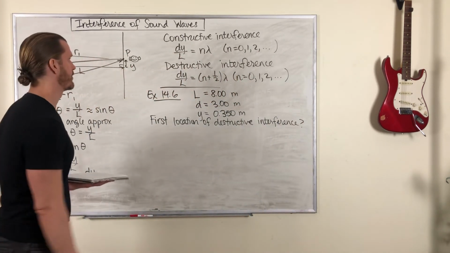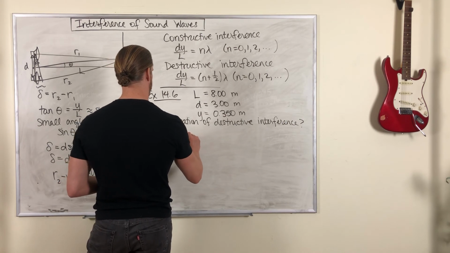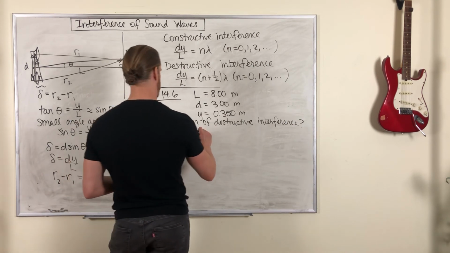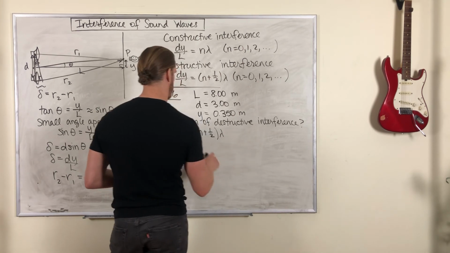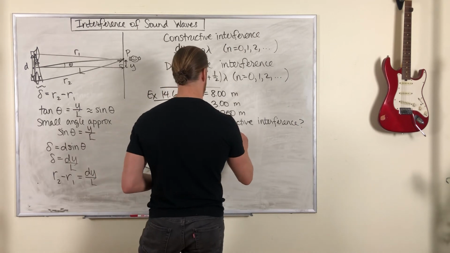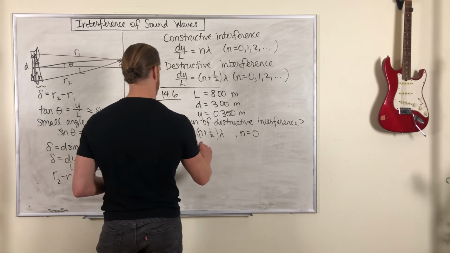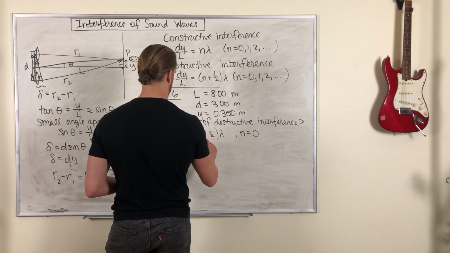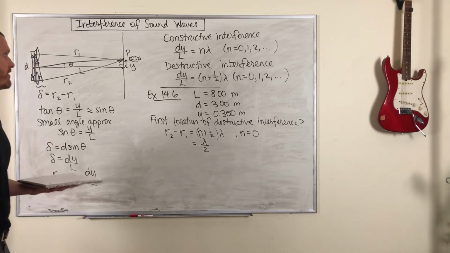Where's that located? So for destructive interference, the path length difference is given by this, and the first location will be where n equals 0. So lambda over 2 is your path length difference.